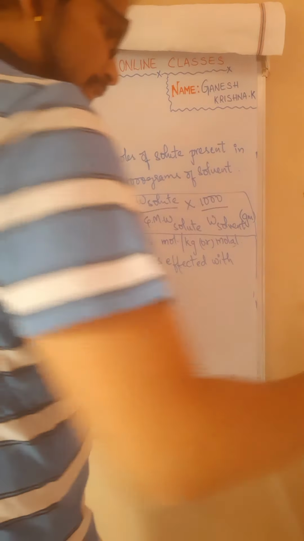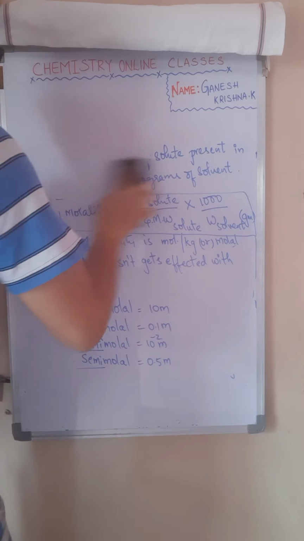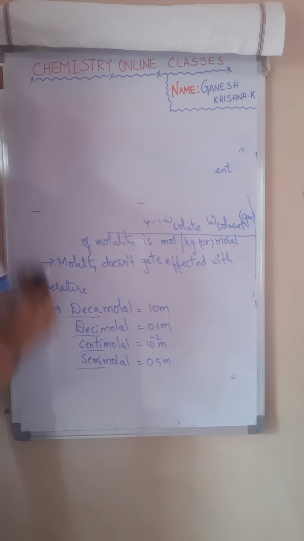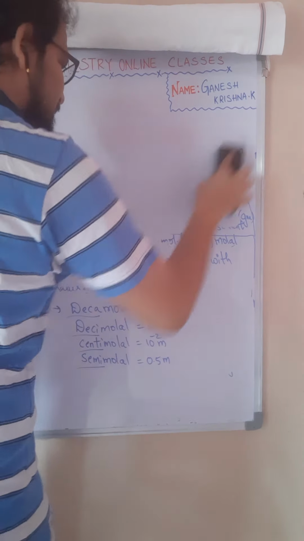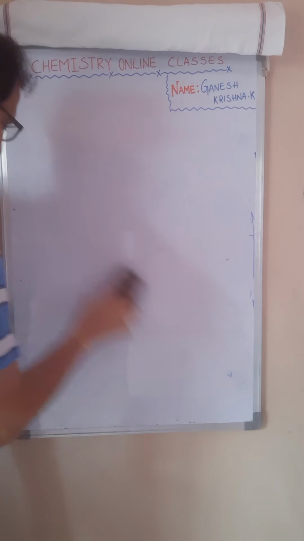So let us go with the next concentration term after molality. The next concentration term is a very important one, that is normality. What is meant by normality? Let us discuss here.